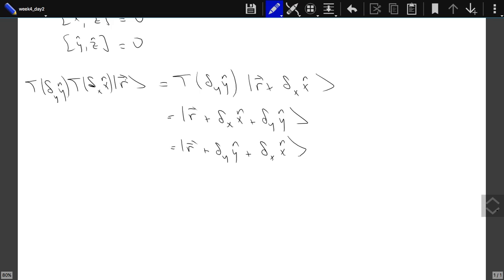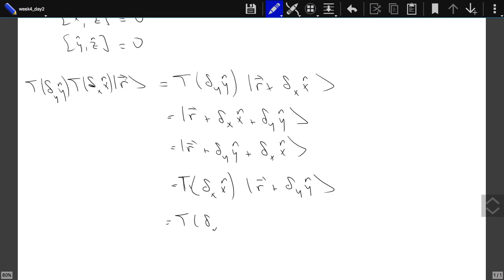If we translate first in the y direction, then in the x direction, it should be the same thing. This is the same thing as the translation operator in the x direction by delta x of the ket r plus delta y, y hat.